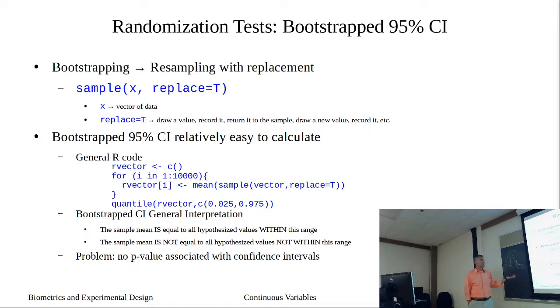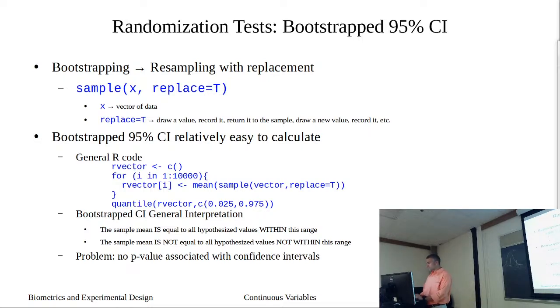Now, this is all review. We've already made our bootstrap confidence intervals. I gave general R code to do it, but I also posted, on Blackboard with the sign test, a bootstrapped confidence interval function.